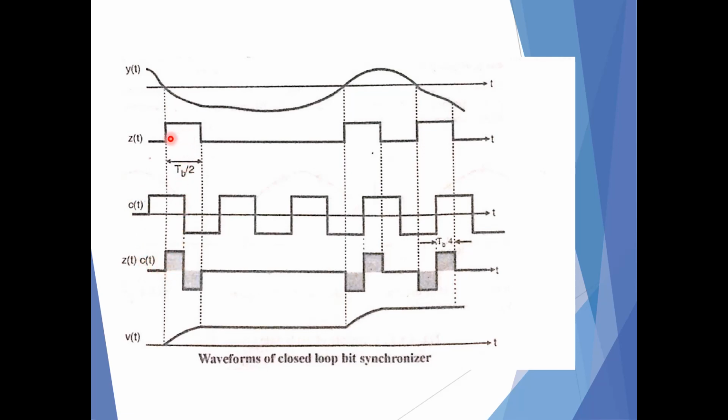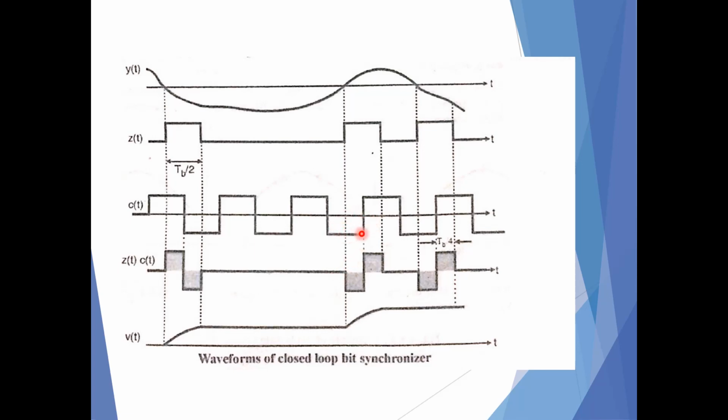We can see here it is 1, then for some time it is high and then it is low. Multiplication of this clock with 1 means we get it as it is. Then multiplication of this signal with 0, obviously, results in 0.